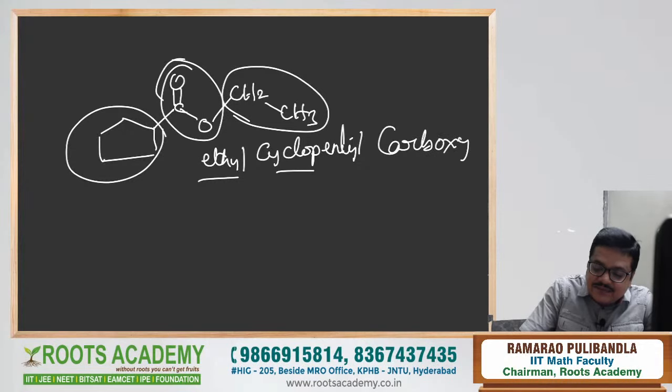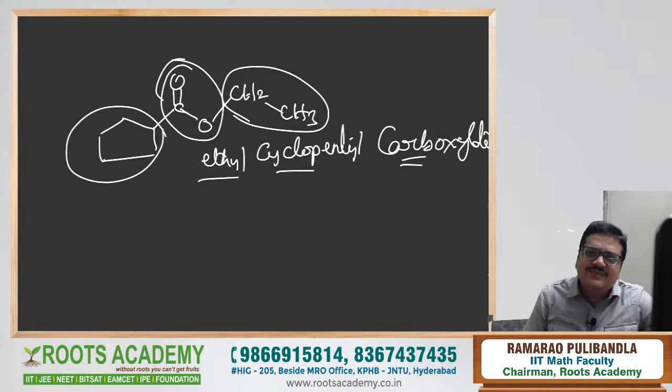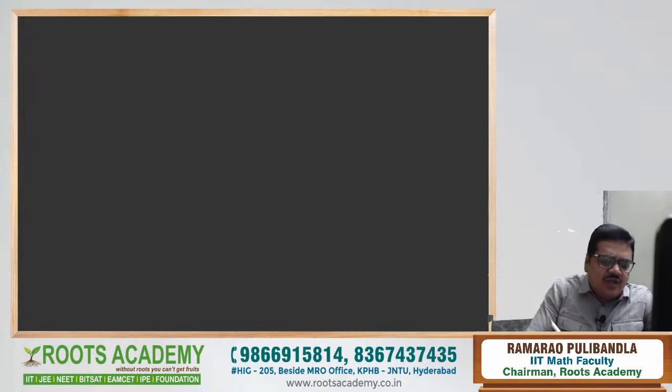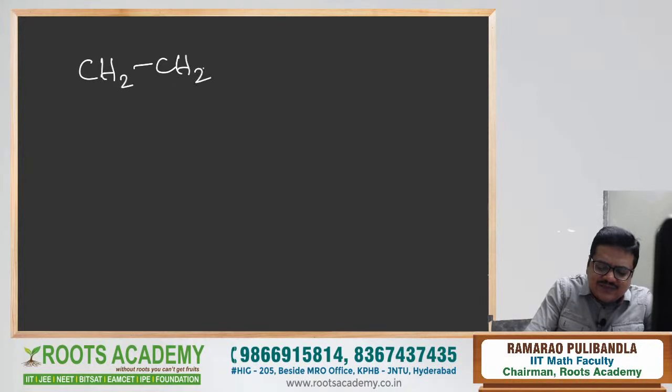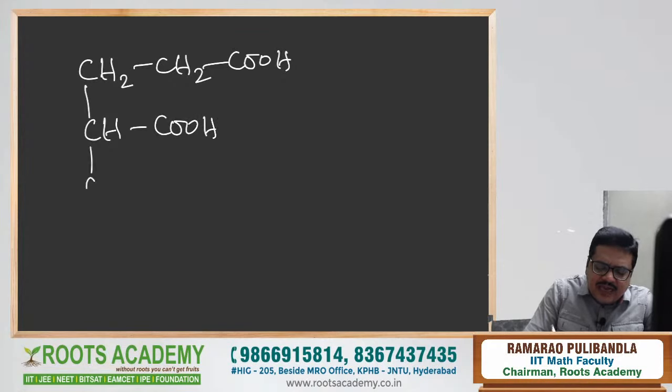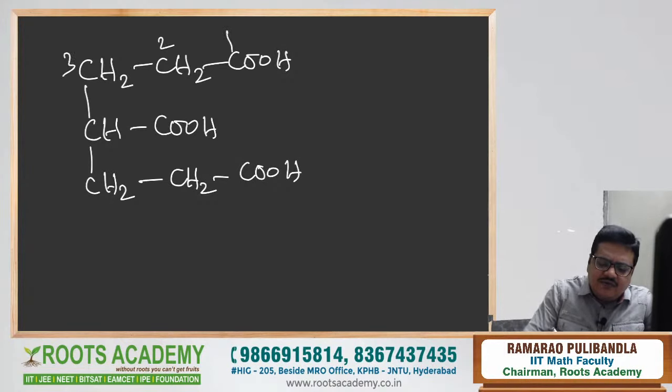Next, another one. If you have a carbon chain with functional groups directly attached, like this, this is directly attached. 1, 2, 3, 4, 5, 6.